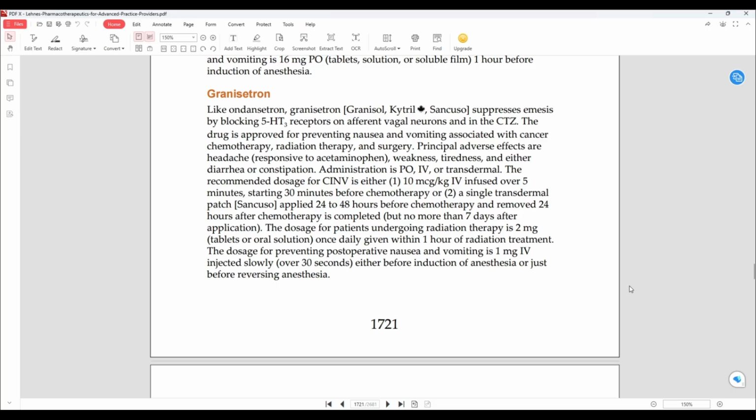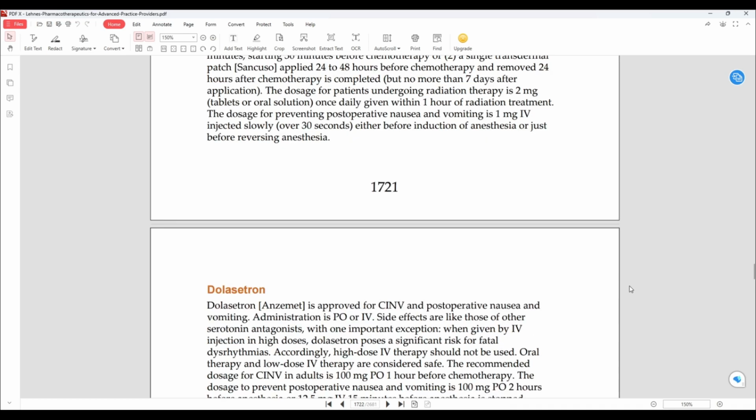The dosage for patients undergoing radiation therapy is 2 milligrams once daily, given within 1 hour of radiation treatment. The dosage for preventing post-op nausea and vomiting is 1 milligram IV, injected slowly over 30 seconds, either before the induction of anesthesia or just before reversing anesthesia.